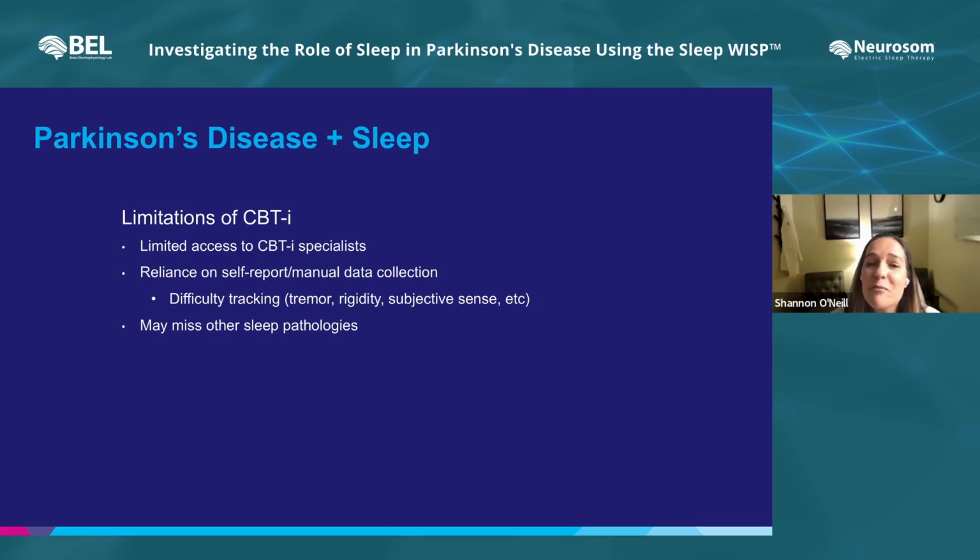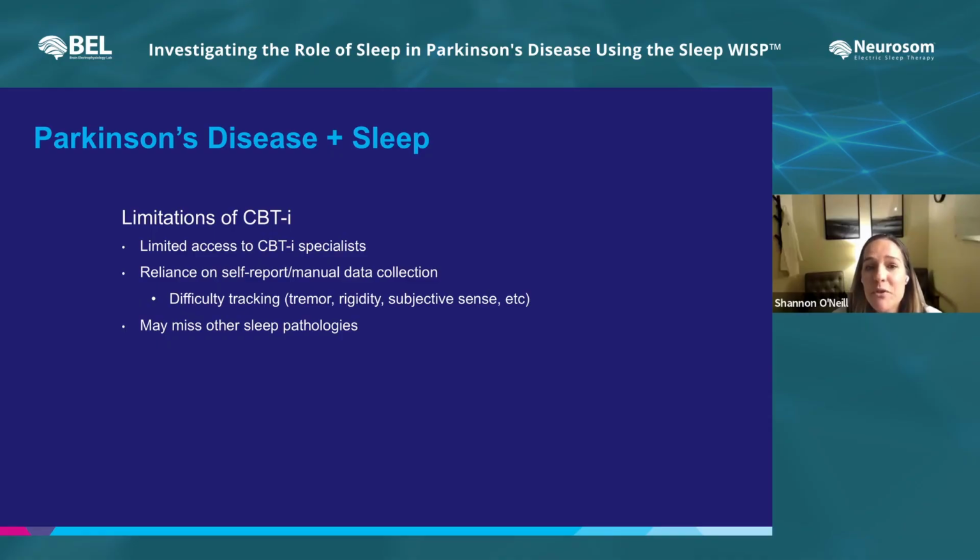The reliance on self-report data collection is also very difficult. Data is prone to be very biased from the patient's subjective reporting. It's very old school pen and paper. And there's the preoccupation with perfecting one's sleep quality, which ironically can result in hyperarousal and worsen the symptoms, with more clock watching and perfecting the data on their tracking.